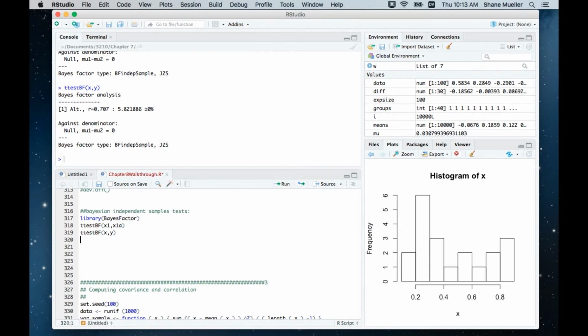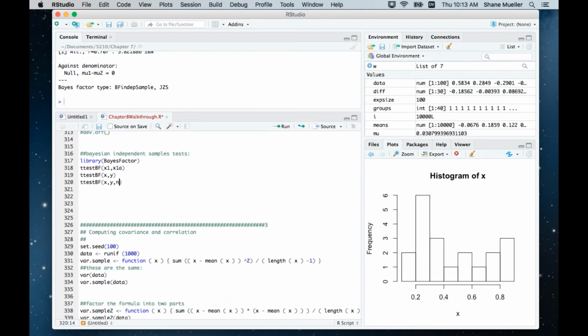And of course I could do X, Y, and then put down the null interval. And I'm not sure what you would put down for the null interval here.